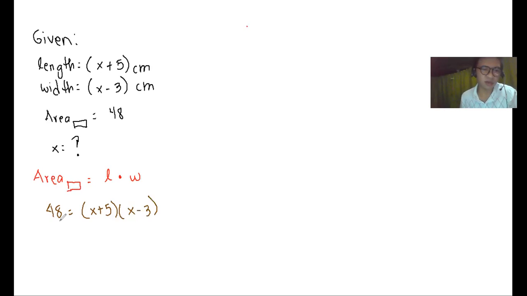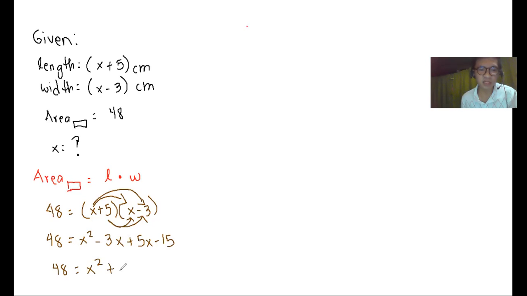So using the FOIL method, we simplify. We have x times x is x squared. X times negative 3 is negative 3x. Positive 5 times x, we have plus 5x. And positive 5 times negative 3 is negative 15. So 48, combining similar terms, we have x squared, negative 3x plus 5x is positive 2x, minus 15.